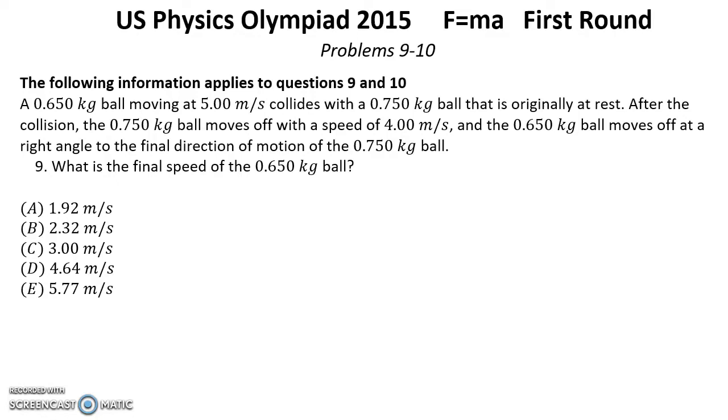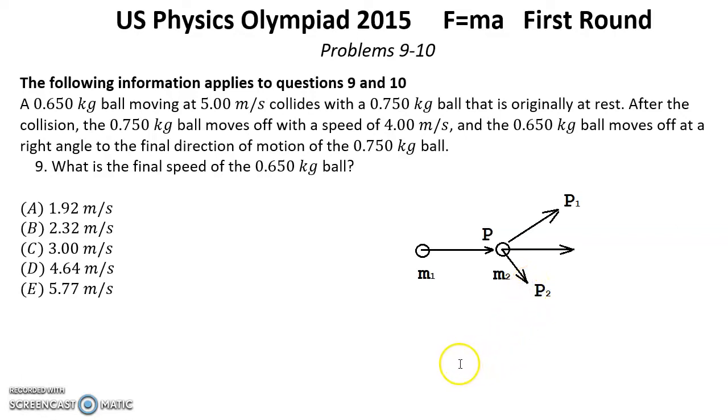Solution. Here we can draw a diagram, and from this diagram it will be easy to find the answer to the question. In the case of this collision, we have momentum conservation. It means that the initial momentum P of the first ball was split into P1 and P2 at a right angle.